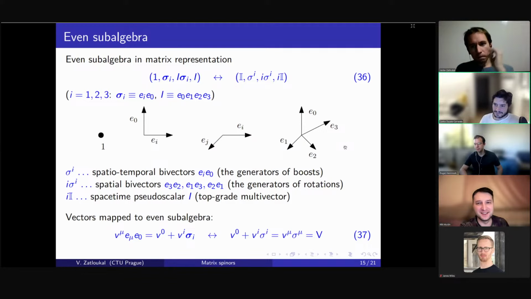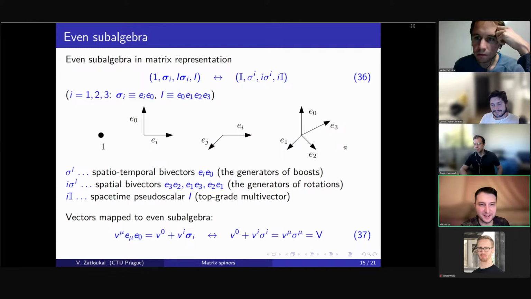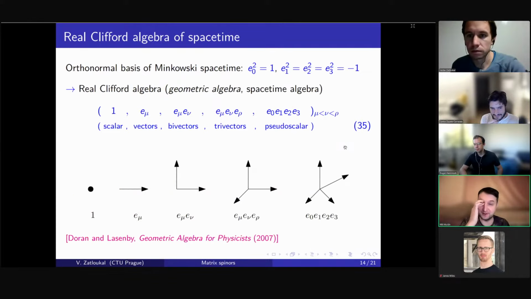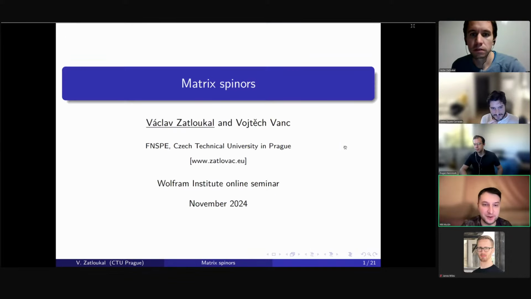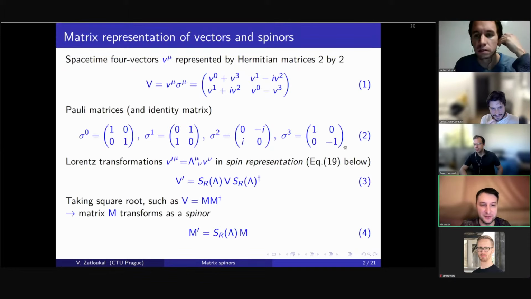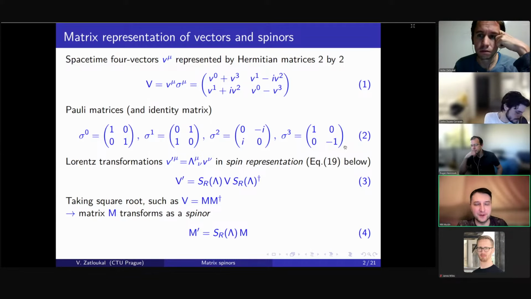Go ahead. It's not really a question, just about a relationship. Here, this 4-vector and the projections with the Pauli matrices: if you ignore sigma 0, you get a Bloch vector, right? So essentially this is just a representation, like a density matrix versus a Bloch vector, but in 4D.